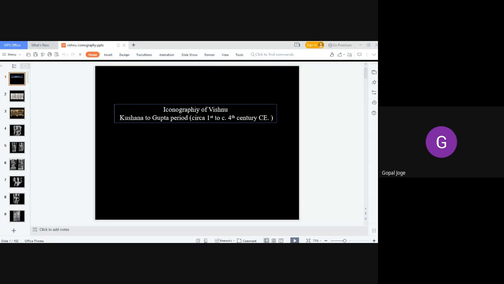Nagari inscription. The third important epigraphic reference, a very valuable epigraphic reference, is the Besnagar pillar inscription. It is datable to the last decades BCE.